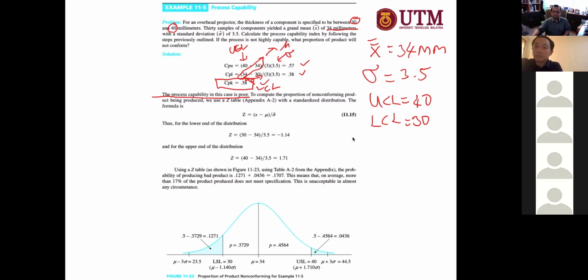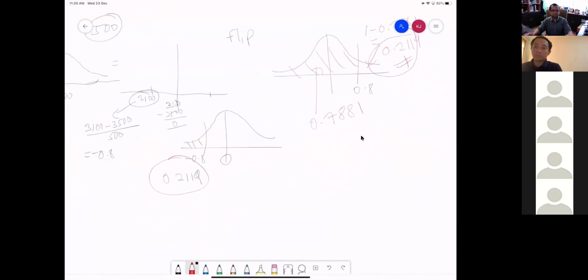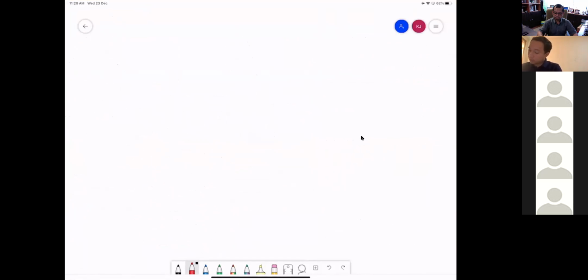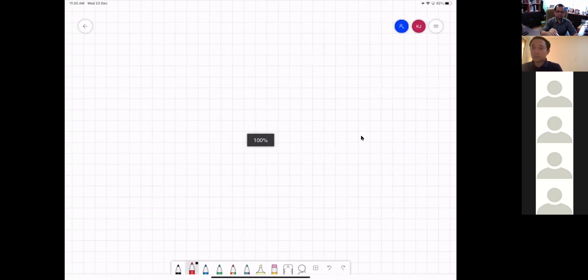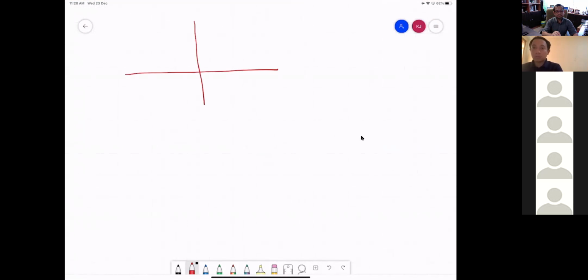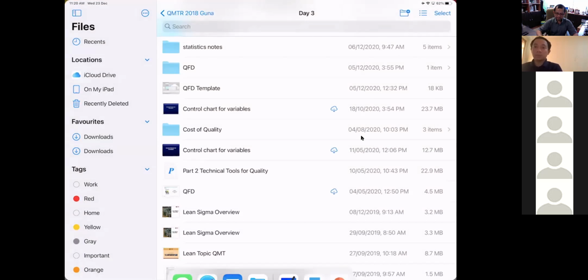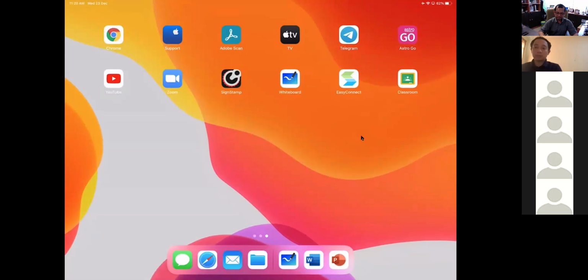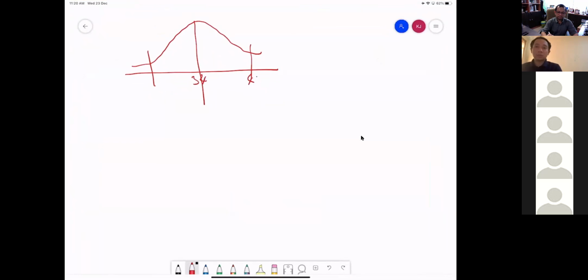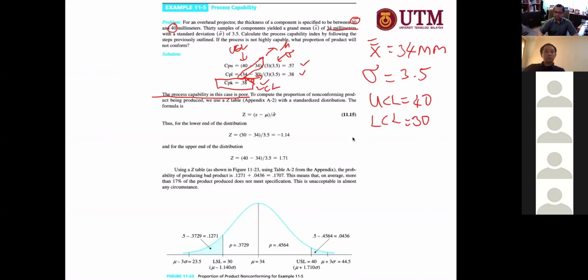So if we want to know further, because we know the limits here are 30 and 40, if I draw here, the limits 30, 40, the mean 34, and the standard deviation 3.5.